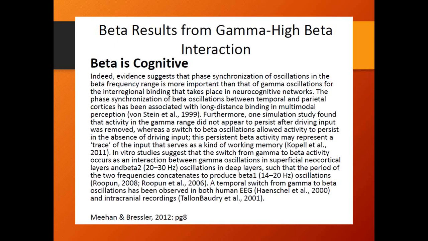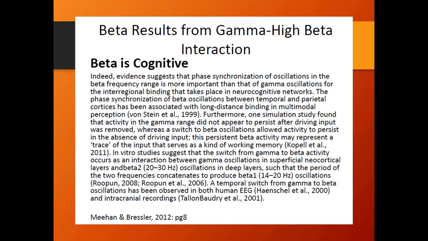In vitro studies suggest that the switch from gamma to beta activity occurs as an interaction between gamma oscillations in superficial neocortical layers and beta oscillations in deep layers, such that the period of the two frequencies can combine to produce beta 14 to 20 hertz oscillations.